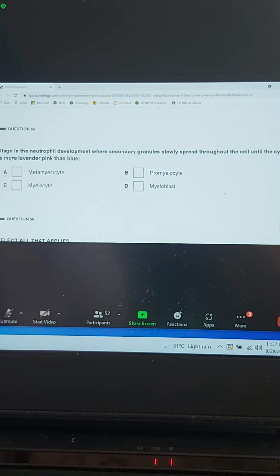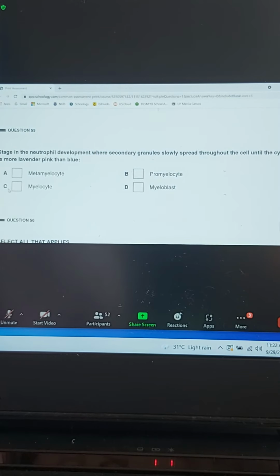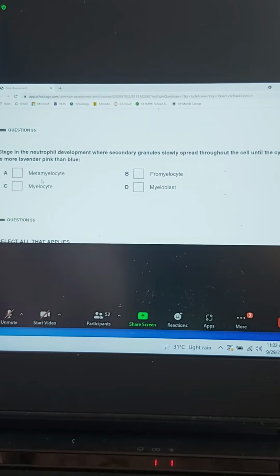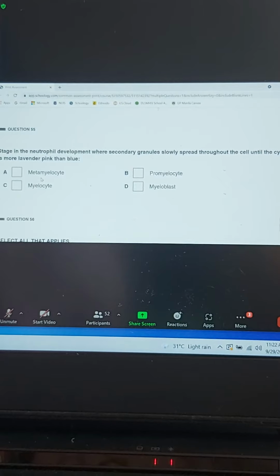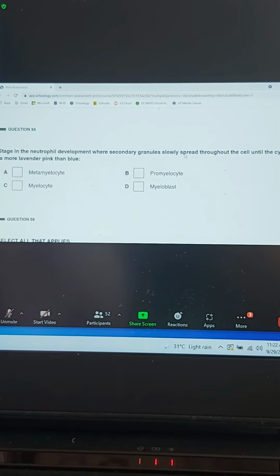C. Itong dinidescribe natin dito, yung granules slowly spreading throughout the cell until the cytoplasm is more lavender pink than blue, ito yung tinatawag natin dawn of neutrophilia, di ba? So, this dawn of neutrophilia is seen in letter C, myelocyte. Okay? Ang characteristic kasi natin or pinagkaiba ng myelocyte with metamyelocyte is the nuclear indentation. But the dawn of neutrophilia occurs during the myelocytic stage.